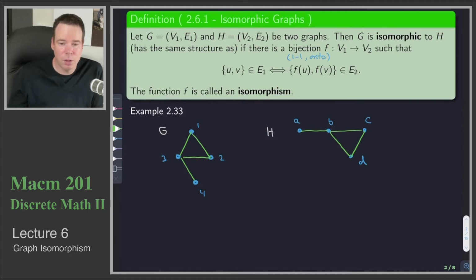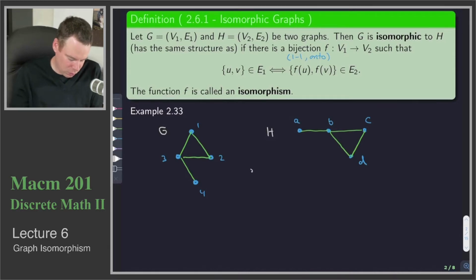And we want to know, are G and H isomorphic? Well, they both are triangles with an extra edge attached to them, so they have the same shape. So based on the fact that we're trying to build this idea that two graphs are isomorphic if they have the same shape, our gut should be telling us, yes, they are isomorphic. But in order to show two graphs are isomorphic, we need to appeal to the definition and find that function f, which does what we want.